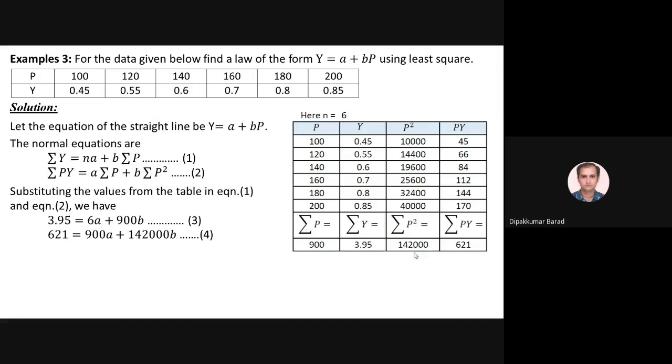So what do we get here, a and b? Reply your answer in the chat box. Each one has to try this example. Find out a and b.